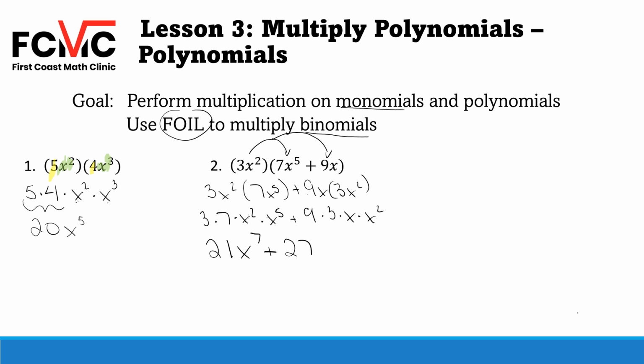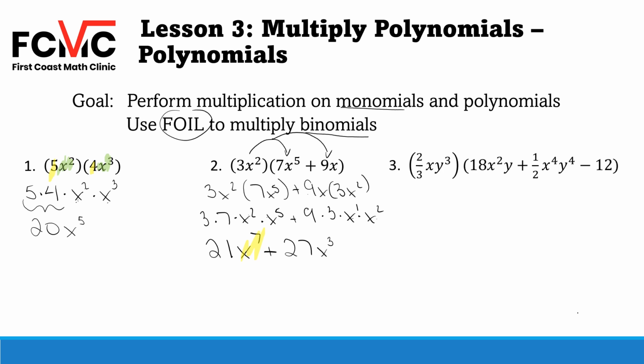We don't have a visible exponent here, so we know this is x to the first. We have the same base, so we're going to add our exponent. So this is going to be 27x to the third. And now at this step, we don't have like terms. They have the same variable, but different exponents. So these are not like terms. So at this step, we're finished for number 2.